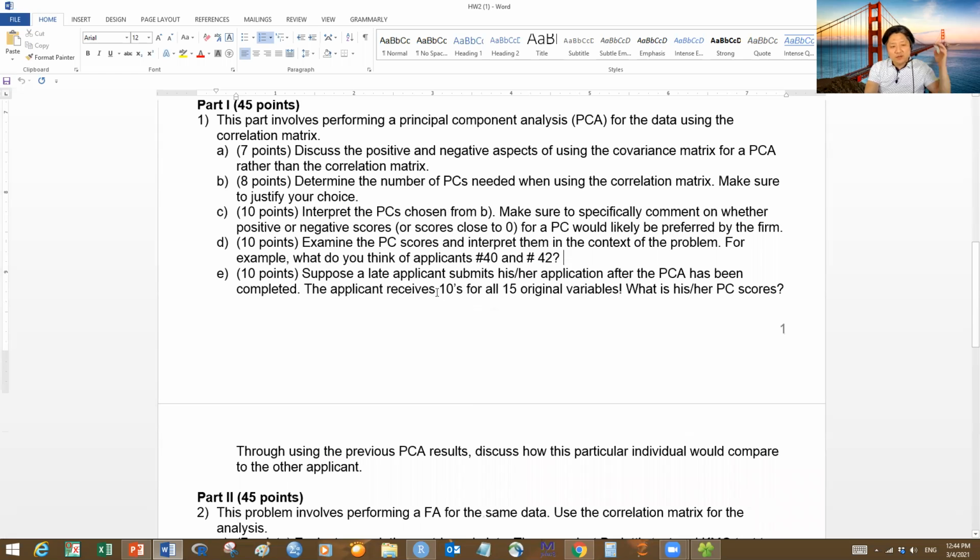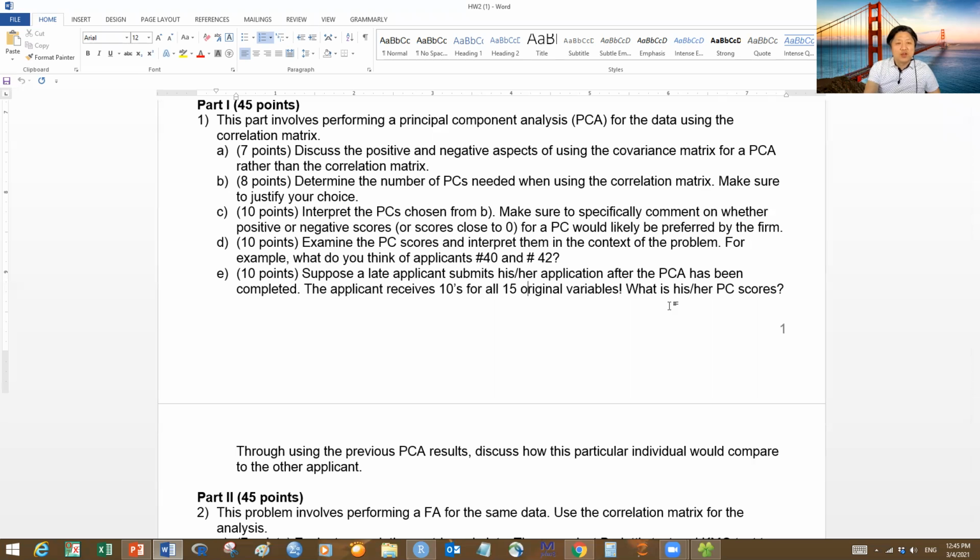And then suppose a late applicant submits his application after the PCA. Okay, he got all 10s. You built a principal component analysis equation, right? You ran the principal component analysis, right?